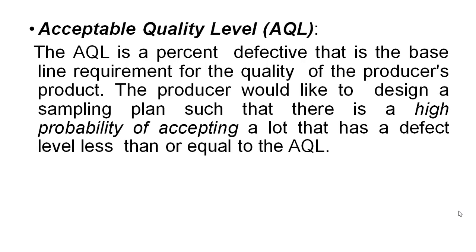So AQL is a percentage defective, the baseline requirement for any product to be accepted in the market. So from this we can clearly say that it is the mutual understanding between producer and consumer of how much quality level is required for accepting the product.